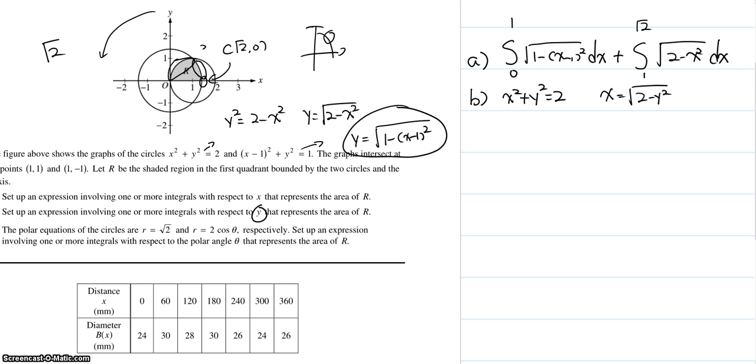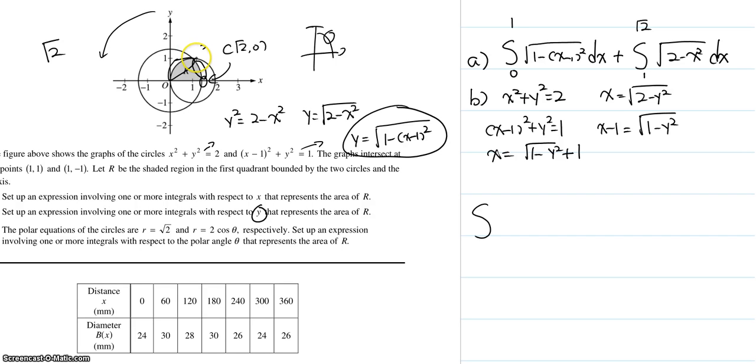As well as this one, you have (x minus 1) squared plus y squared equals 1. x minus 1 equals the square root of 1 minus y squared, which means x equals the square root of 1 minus y squared, plus 1. So we can set up our integral as an integral. Remember, this time it's with respect to y. So what's our limit of integration?